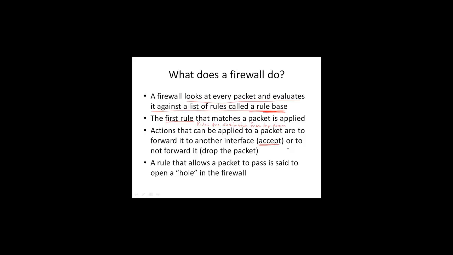And the alternative is to not forward it, and again, we often refer to this as dropping the packet. And a rule that allows a packet to pass through is said to open a hole in the firewall. You want to minimize the holes in your firewall. The more holes, the less protection you have.